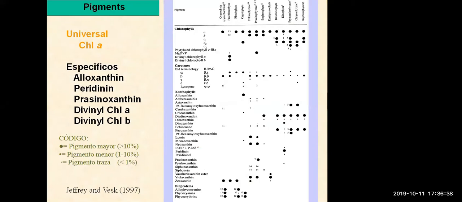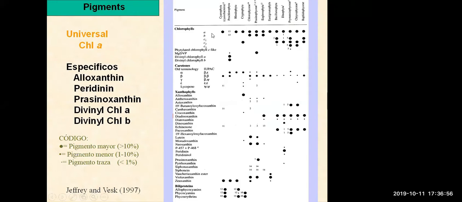Well, I consider it important to mention which pigments can be measured by HPLC. This is a list of all of them. You can see there are many pigments, and chlorophylls are at the top of the list.